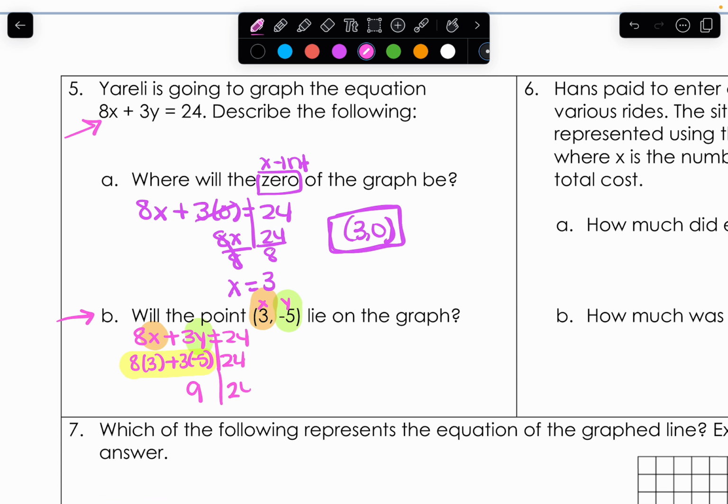Bring down the 24. Then you ask yourself, is 9 equal to 24? No, they're not equal, making it a false statement. Because it's false, we know that this point is not on the line. It will not lie on the graph.